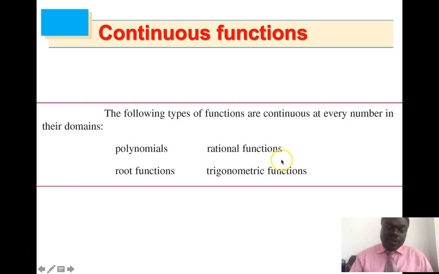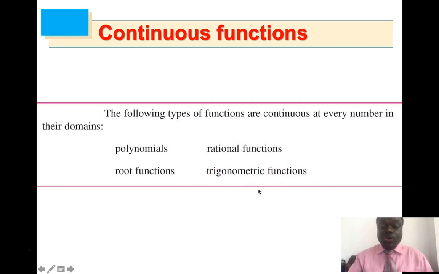All rational functions, that is p of x divided by q of x, are continuous in their domain. All root functions, that is square root of some function, are continuous in their domain. And all trigonometric functions are continuous in their domain.